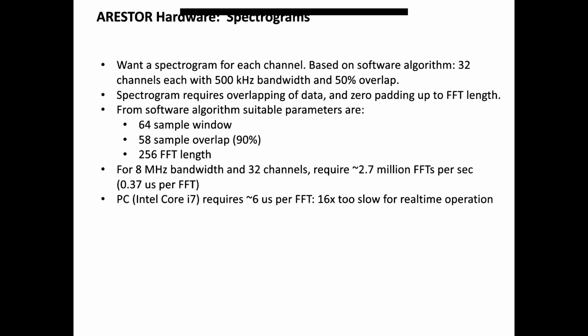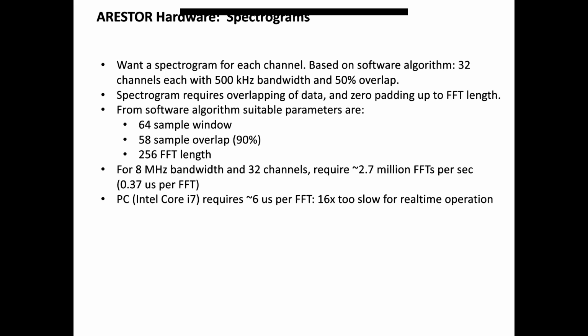Another key part of the hardware algorithm was to produce spectrograms. So we wanted a spectrogram of each of these 32 channels. Each spectrogram requires overlapping the data and zero padding of the data prior to the FFT. So whilst you're reducing your data rate for each channel when you channelize, when you start producing spectrograms, you're massively increasing your data rate again.